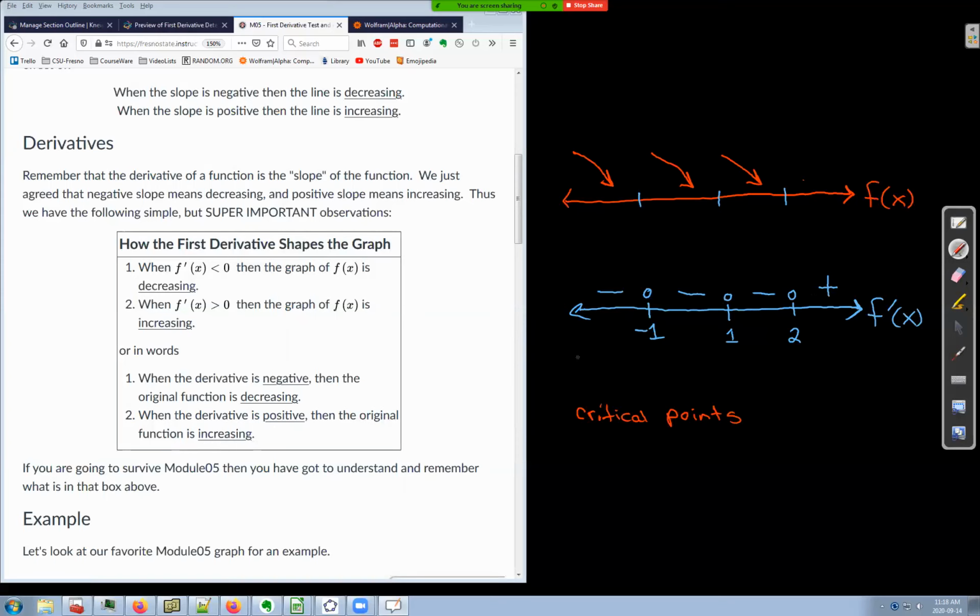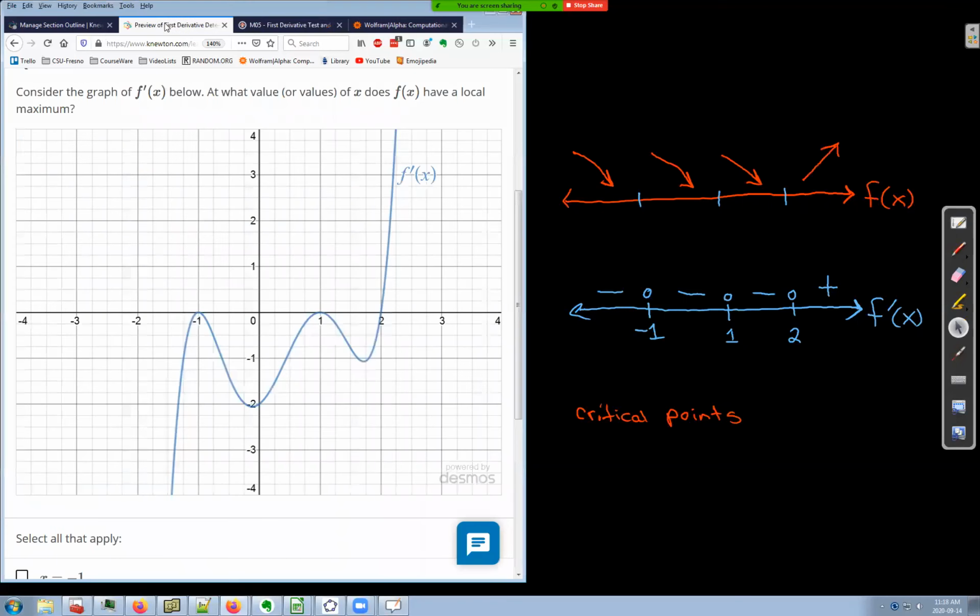So now the function is increasing. So what we did is we looked at the derivative and we looked for where the derivative was negative and where the derivative was positive. And that allowed us to say when the original function was increasing and when the original function was decreasing.